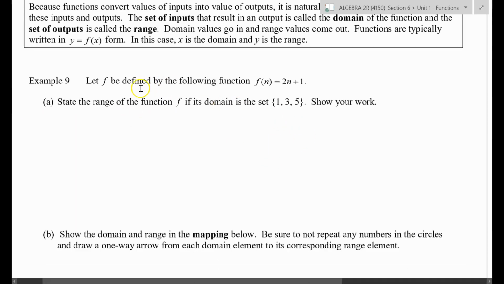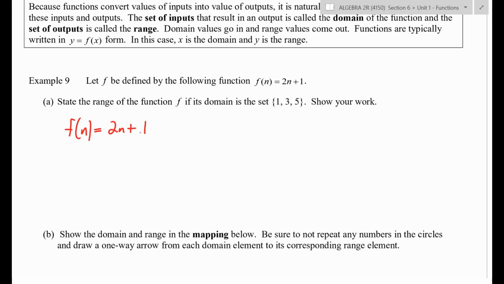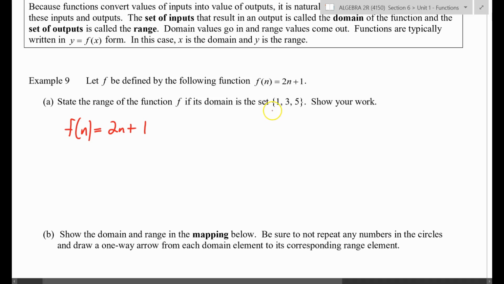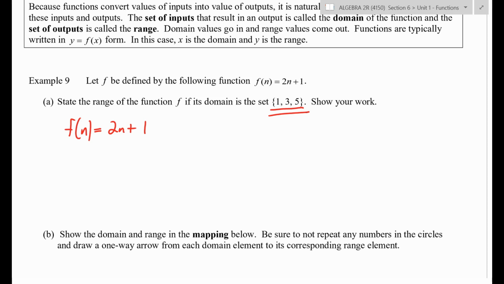So here, what do I tell you? I say that here's a function, f of n is 2n plus 1. And what are we going to do with this function? Well, we want to know the range. And it gives me this domain. What does that mean? It means these are the only x values that I'm allowed to use.